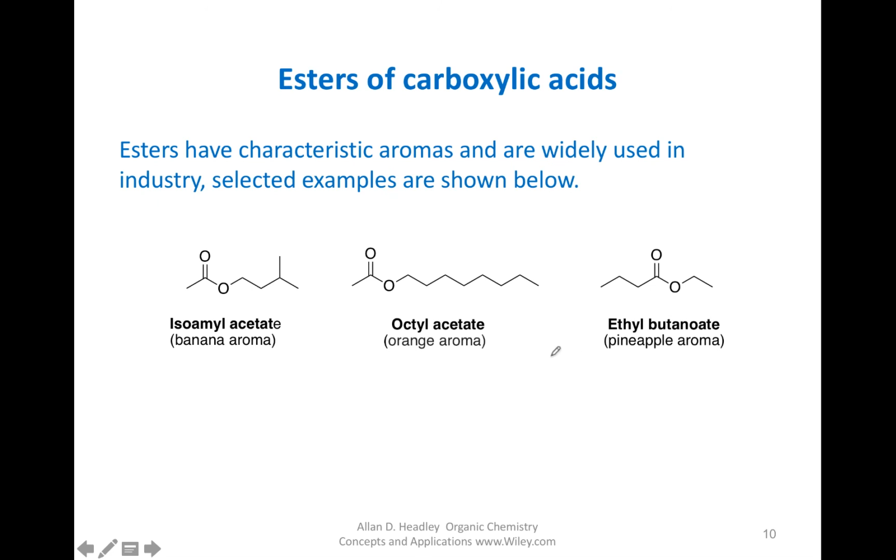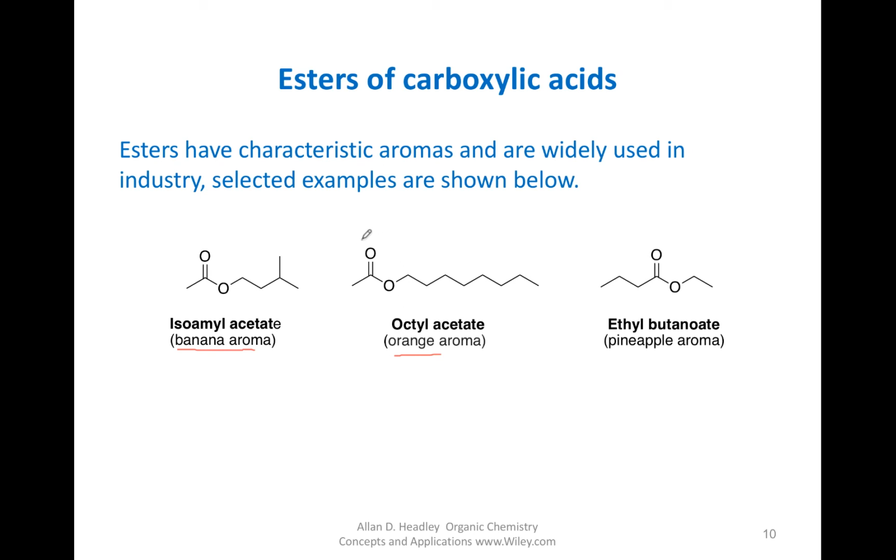Let us look at some common esters. By the way, they are typically sweet-smelling compounds, with a characteristic odor. So they're used a lot in perfumes and in flavorings. So here's one. This one is isoamyl acetate. Well, that's a common name, and it's in banana. Whenever it's done in the lab, the entire floor smells like banana. Another one is orange.